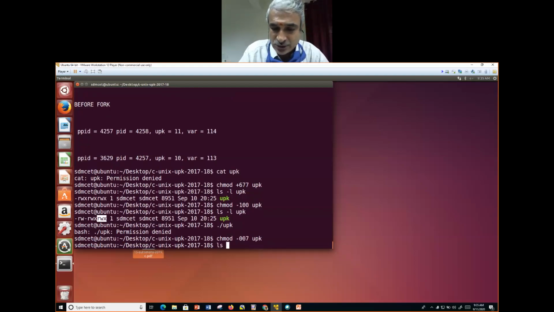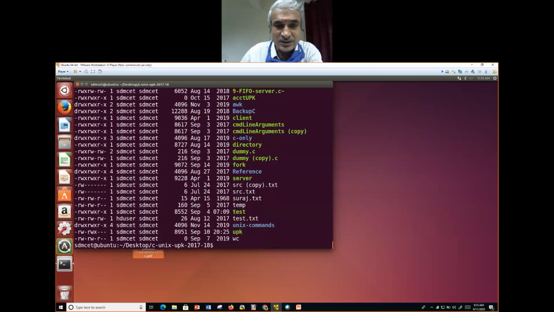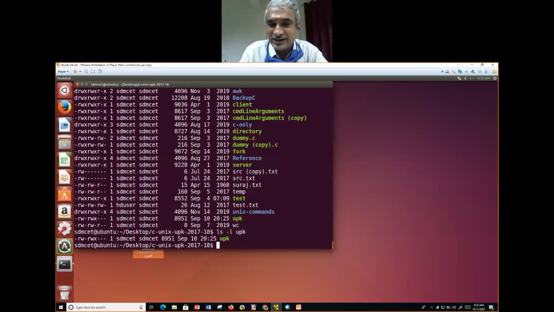So now when I do ls -l upk, you find that permissions for others are withdrawn. They cannot read, they cannot write, they cannot execute also. Who can do it? Owner can do. Others cannot change this access permission.